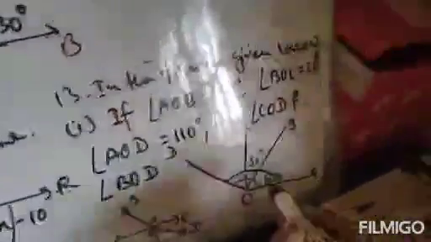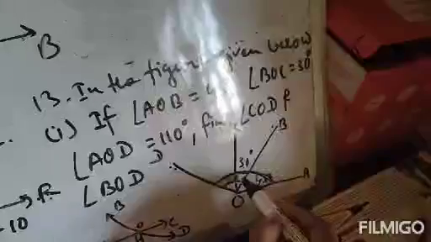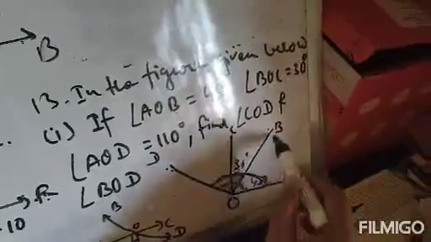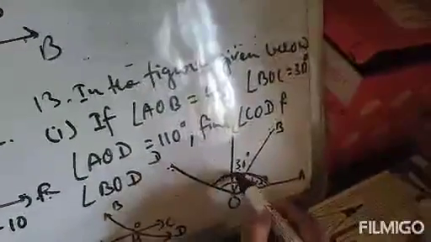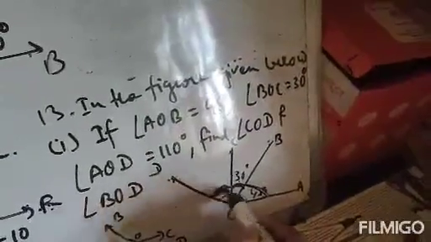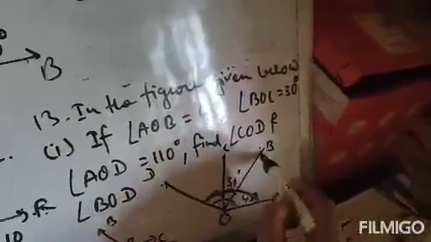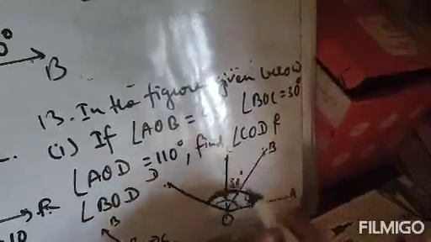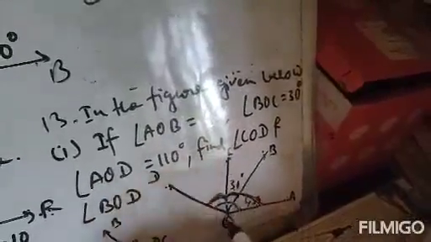BOD means this part and this part, that means 30 degrees plus COD. We can write angle BOD is the sum of angle BOC and angle COD.